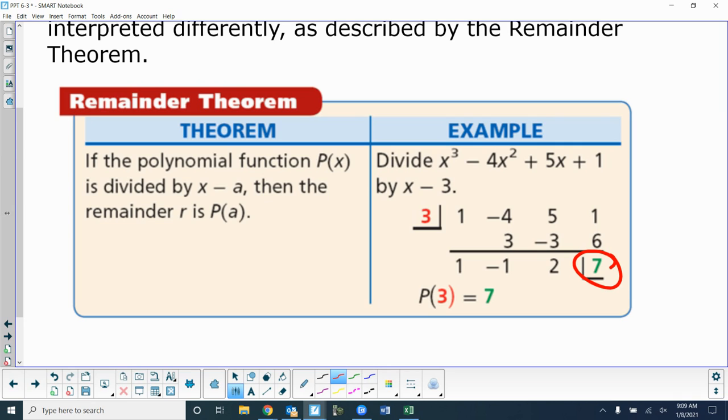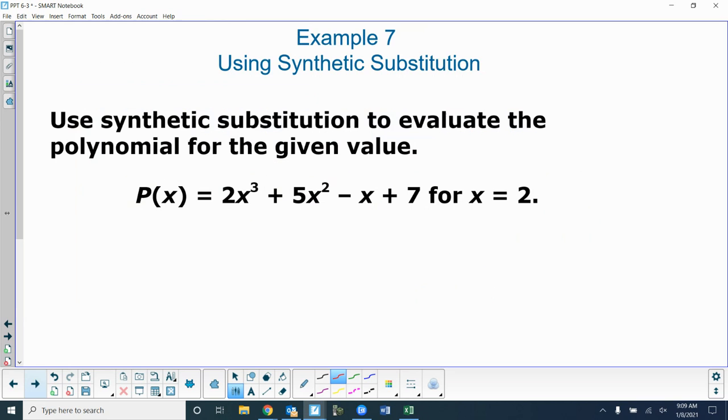So if I were to substitute 3 here, here, and here, and did that problem, what would the answer be? 7. So instead of substituting 3 in for x, you substitute it in the little box and do synthetic division, and the remainder is the answer to the problem. Okay? But everything's the same.